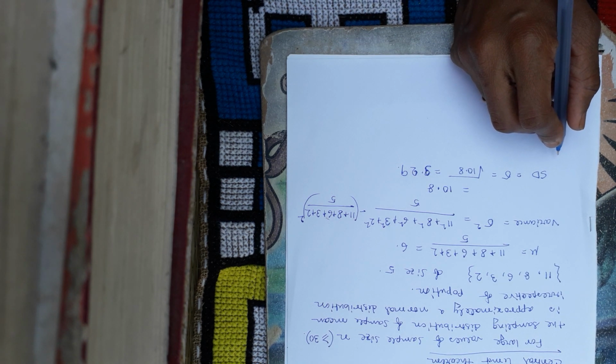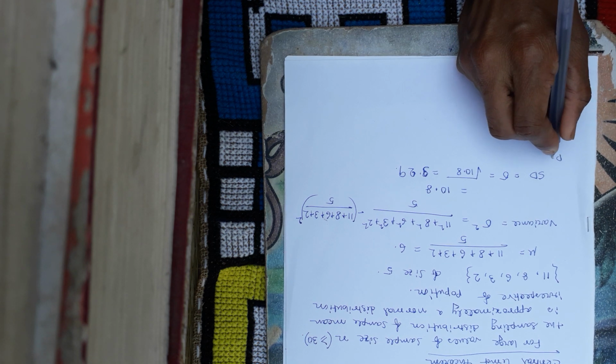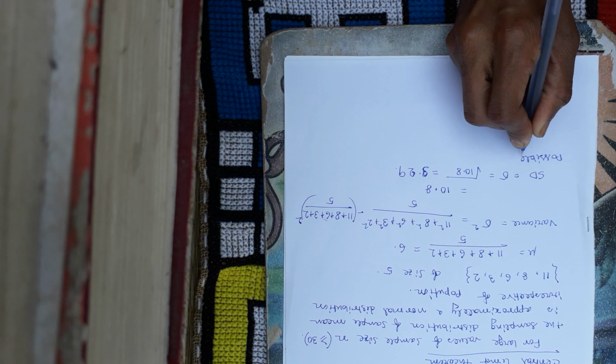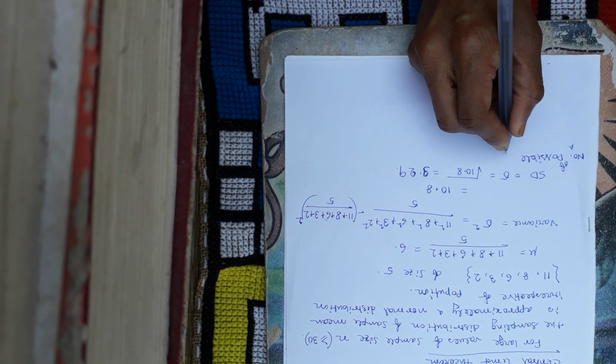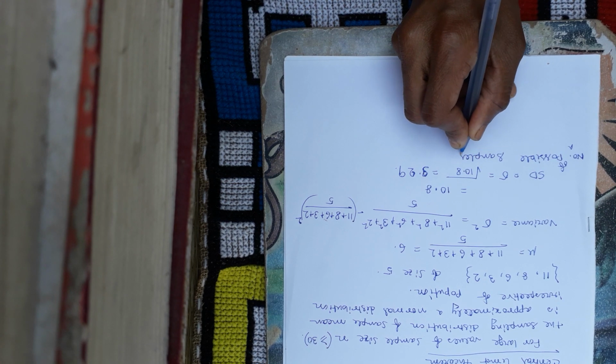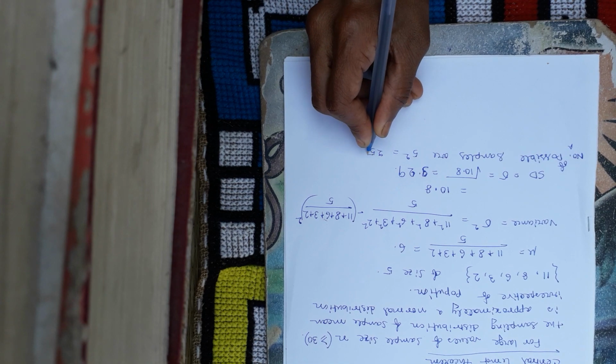From this population, if we draw samples of size 2, the number of possible samples is 5 square, that is 25.